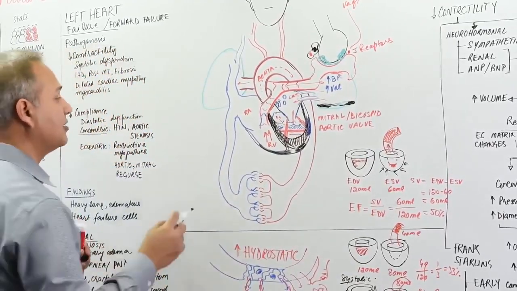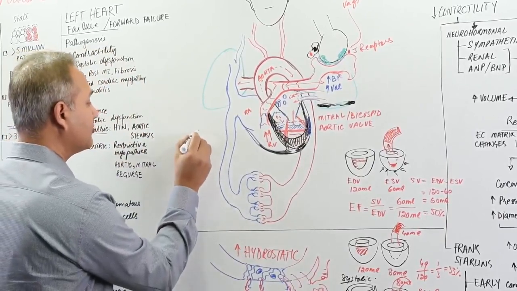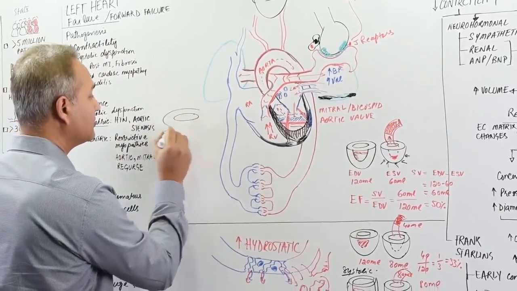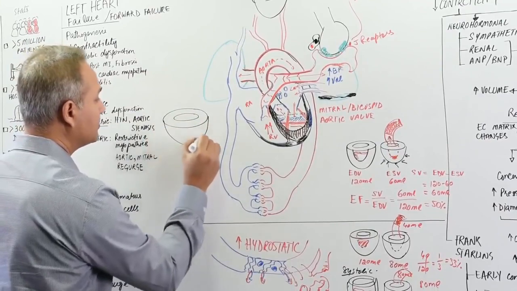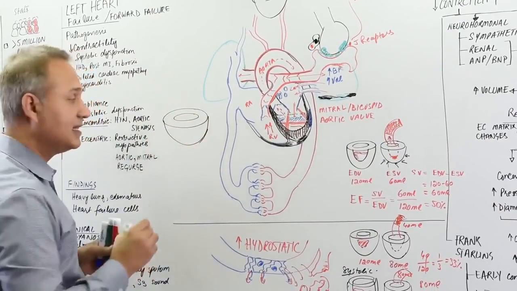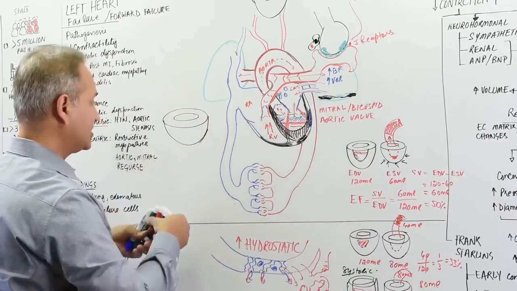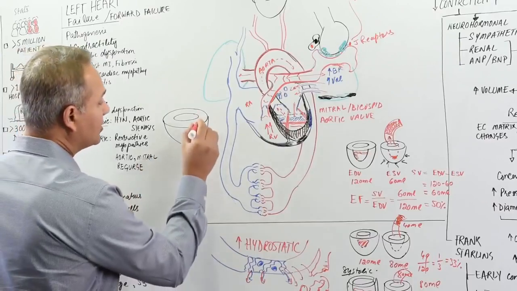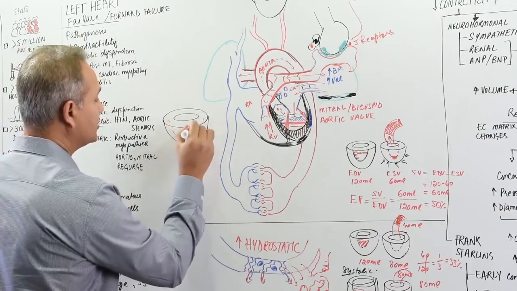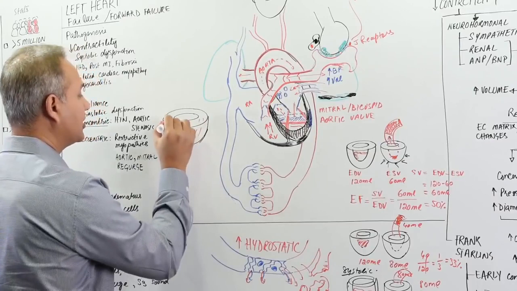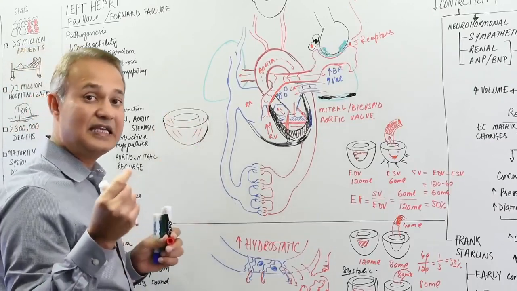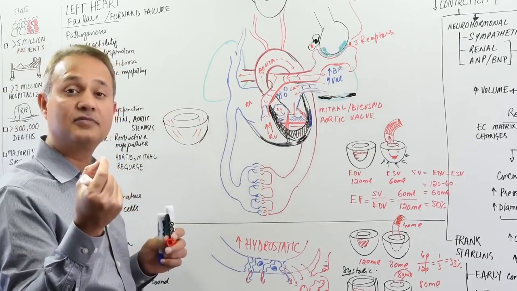What does concentric hypertrophy mean? If this was a normal heart ventricle, the cardiac myocytes, so let's say this is a cardiac myocyte, another cardiac myocyte, a few cardiac myocytes, they increase in diameter, they become thick.